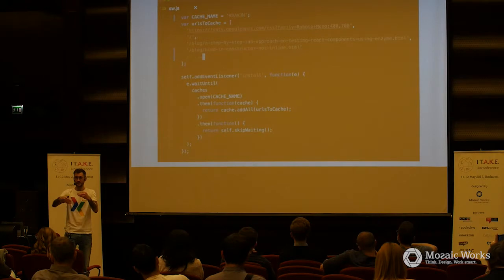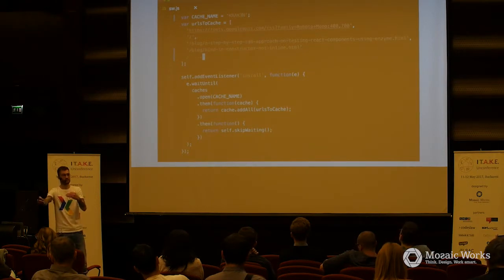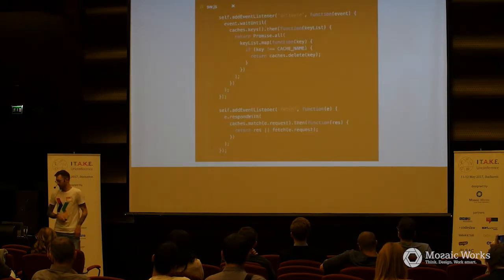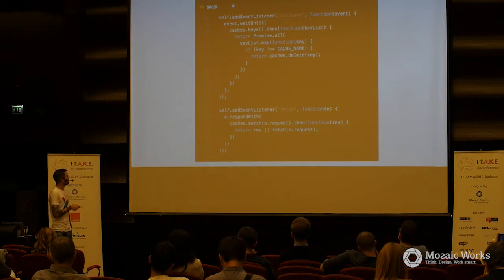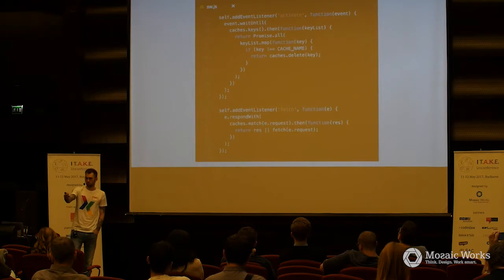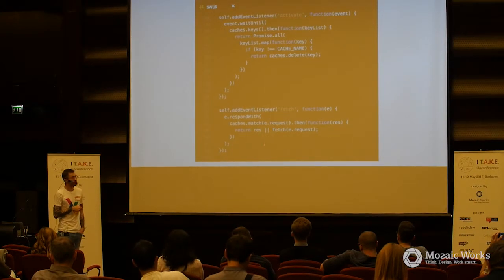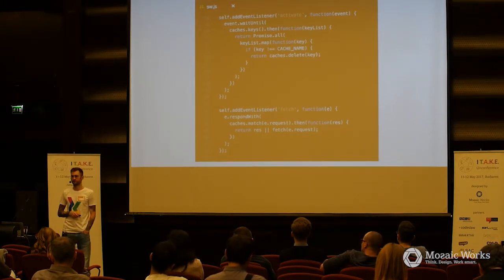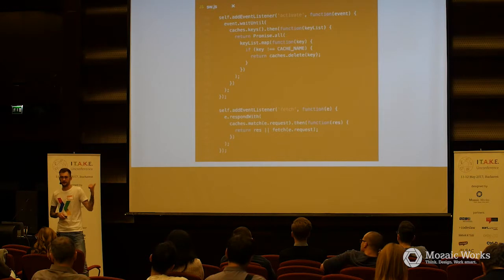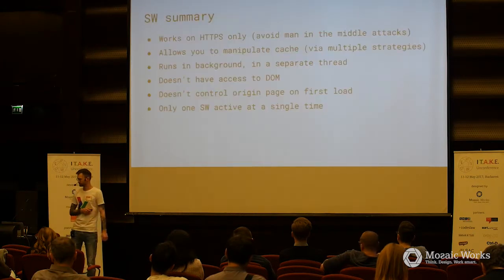And on subsequent visits, they're going to be served from the cache. And for example, when I get a fetch request, which means when I want to fetch the CSS, what we do here is the cache first, then network strategy. It means that I'm going to look into the cache, and if I find this, I'm going to serve it. Otherwise, I'm going to request it from the network. This is programmatically altering your cache.